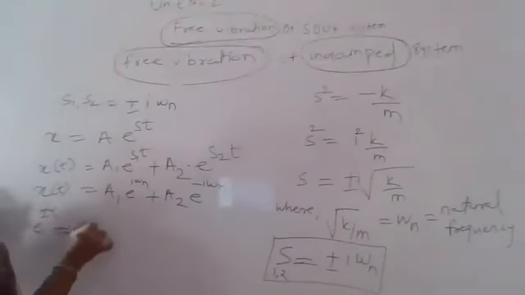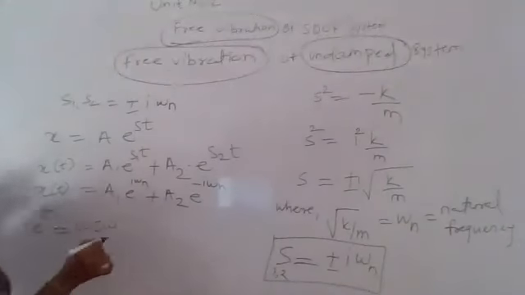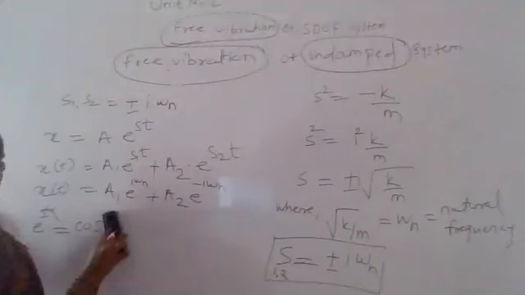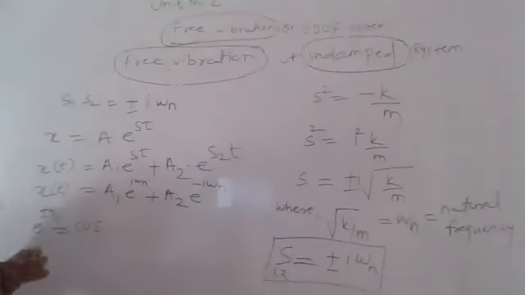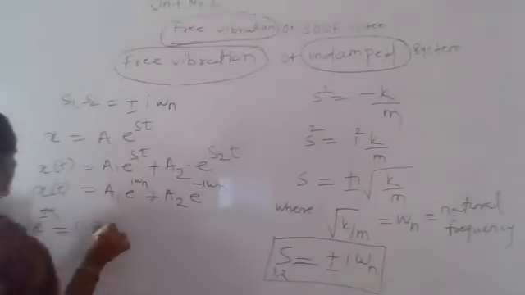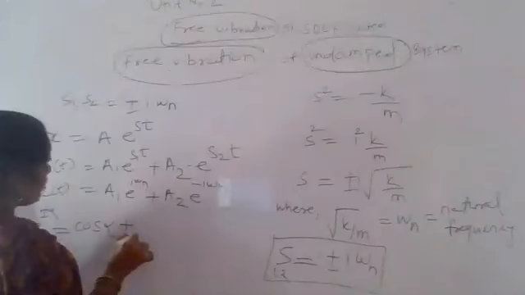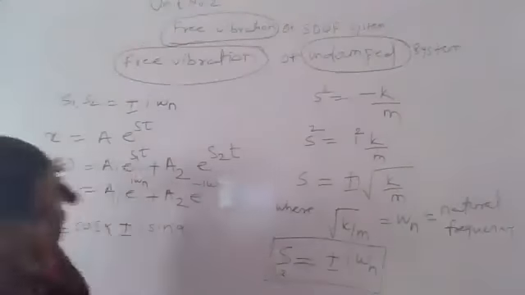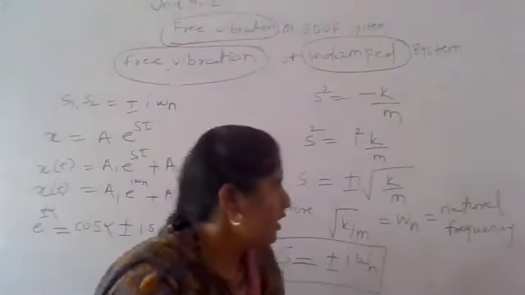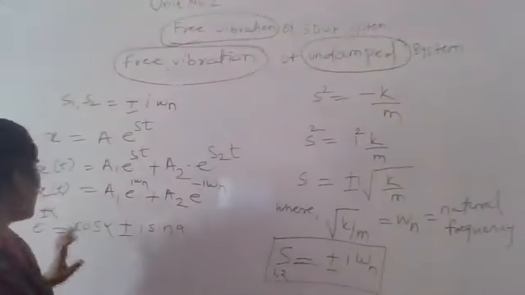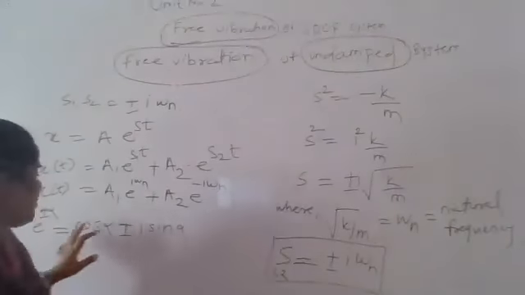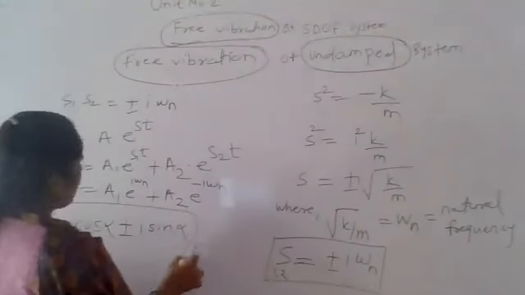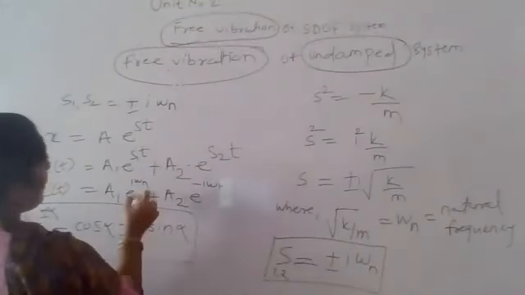It is cos alpha plus or minus I sin alpha. Put this formula in the above equation for e raised to I omega n.